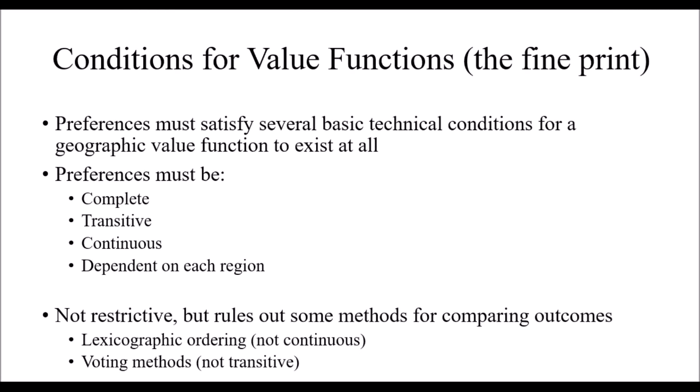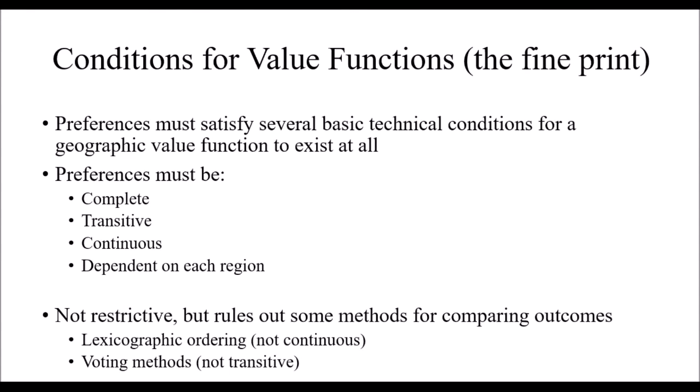Voting methods will also violate these conditions. So if you have 5 stakeholder groups, taking a poll of which alternative they want might sound appealing to some people facing these problems, but it's not consistent with some of these conditions.